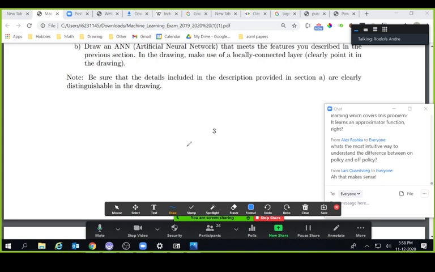Sarsa basically creates a policy. It doesn't maximize its rewards. It creates a policy of when to do what. I'm just going to check if this corresponds with my notes.